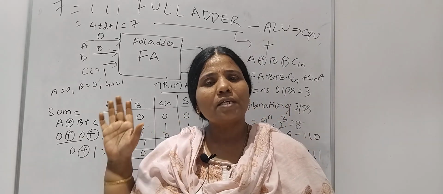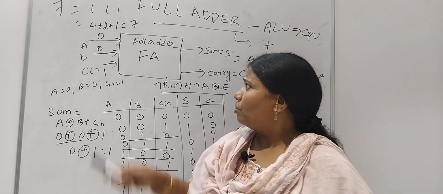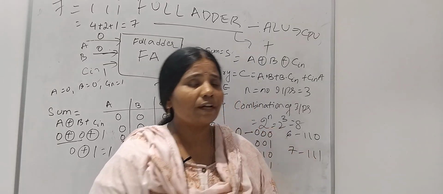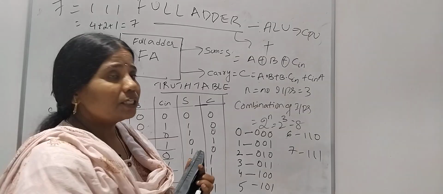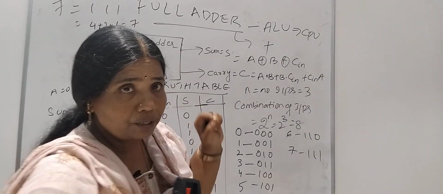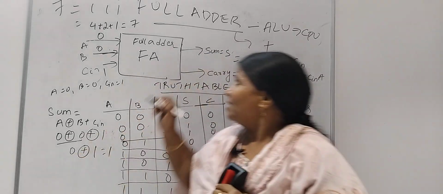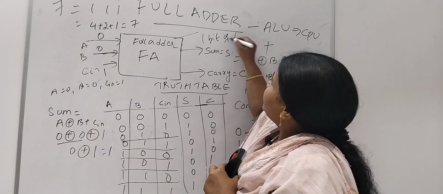If all the inputs are 1, sum will be 1, carry will be 1. This you can remember. So how many bits of addition is one stage of full adder doing? All the 3 inputs you are giving, each input you are giving as a single bit. So a single stage of full adder does 1 bit of addition.